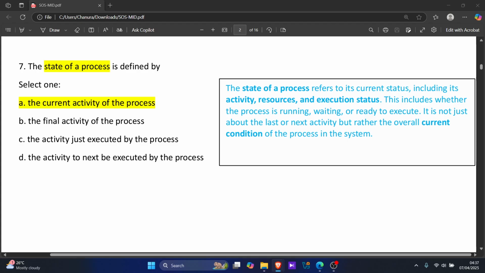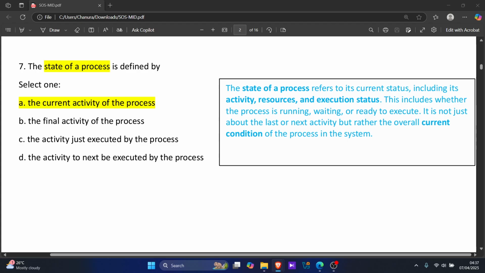That would be the past activity, like the last thing it did. But the state is about the current condition, so perhaps not the past action. Option D, the activity to next be executed by the process. That's future, what it's going to do next. But the state is current, so maybe not that either.